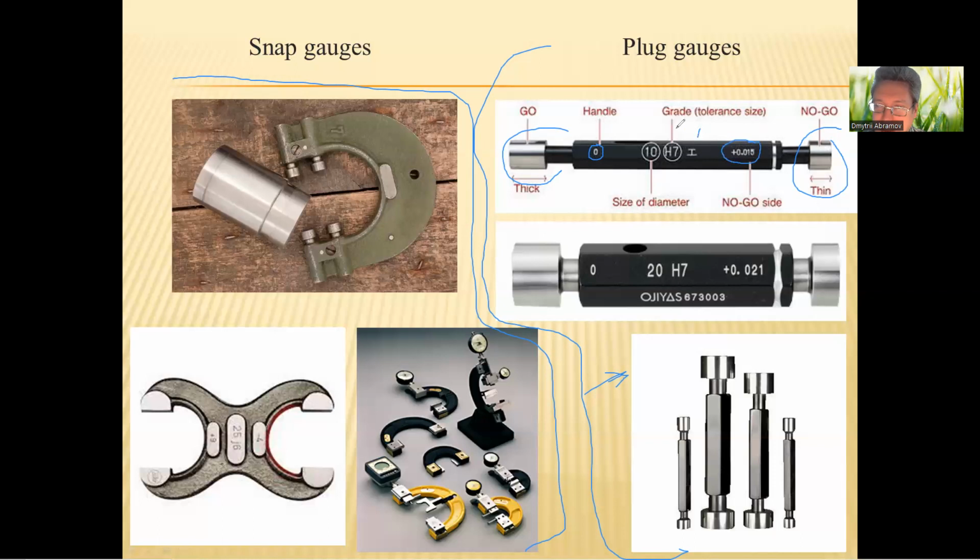So the diameter of the hole is 10 millimeters, upper limit deviation plus 0.015, lower limit deviation is 0.